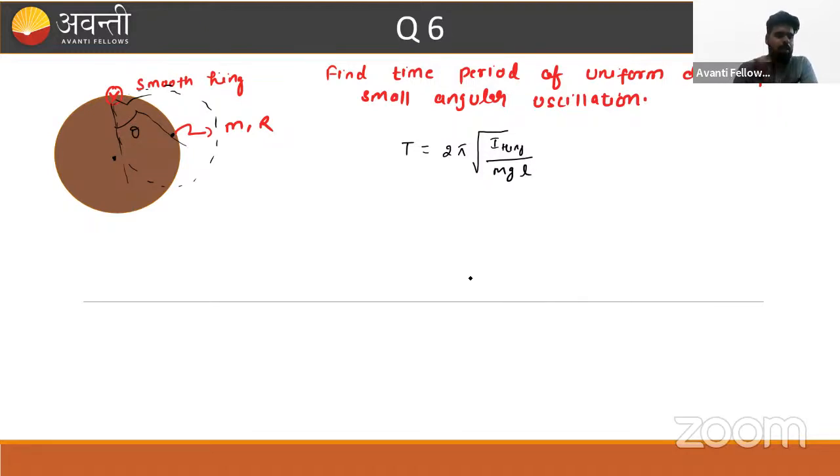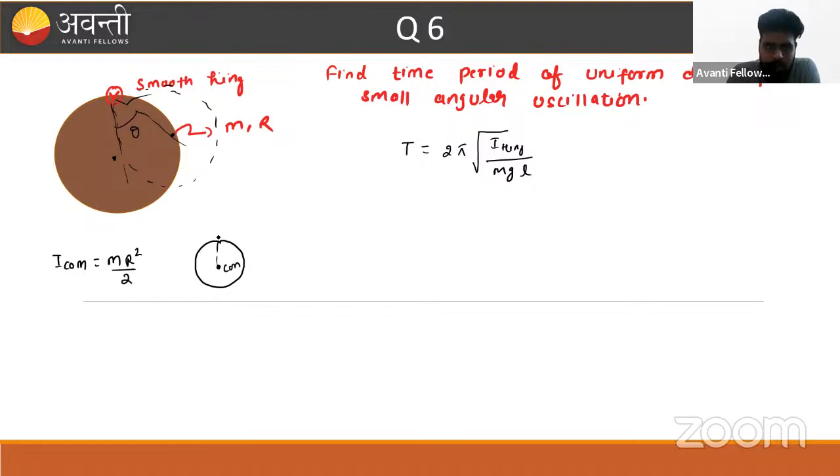For solving such questions, we need basic ideas of rotational mechanics, otherwise we can't give the correct answer. We have to know what I about the hinge is. If we consider a disk, the moment of inertia about the center of mass, for a disk of mass m and radius r, is mr square by 2.